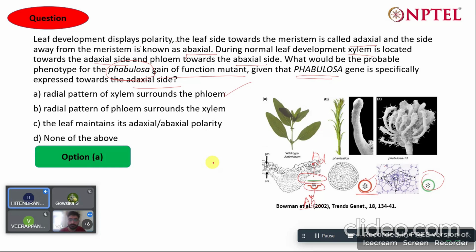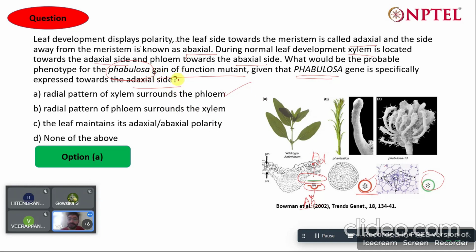Sir, in normal leaves, xylem surrounds the phloem only, no, sir? As xylem is on the adaxial side, whereas phloem is in the abaxial region. They have given that it has been mutated, so it will be in the opposite manner only, no, sir? No, actually mutations can be of two types: one is the gain of function mutation and one is the loss of function mutation.